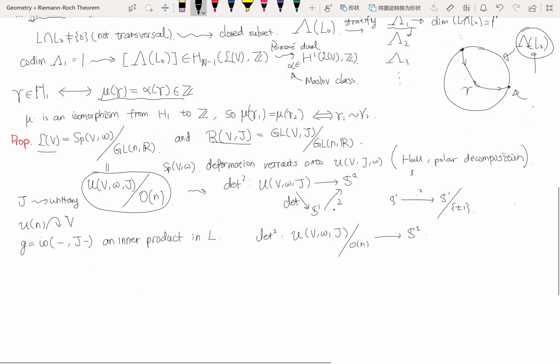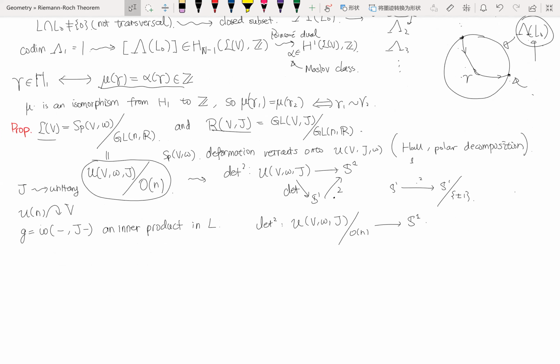And we know that in this case, GL(n, C) also deformation retracts into U(n) for the same reason. So we will obtain a similar map from Rn to S1.